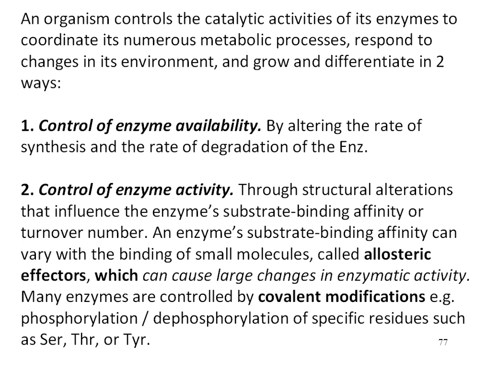A faster way of controlling enzyme activity is through structural alterations that influence the enzyme-substrate binding affinity or its turnover number. There are, for example, allosteric effectors that can change the efficiency of the catalytic site. It could either crank up the efficiency or crank it down.